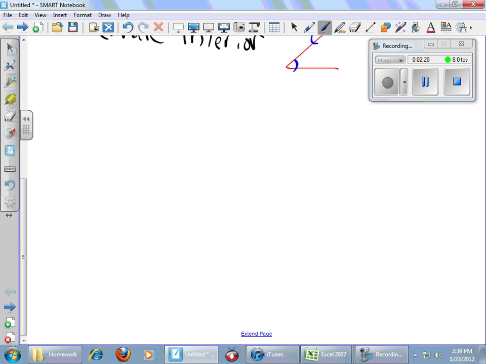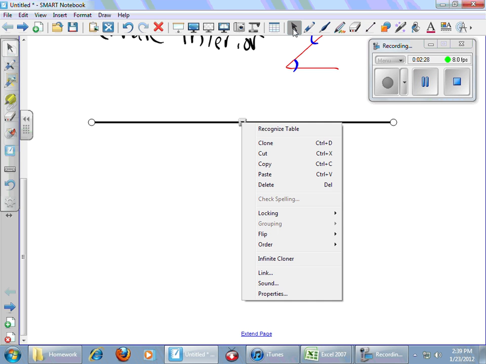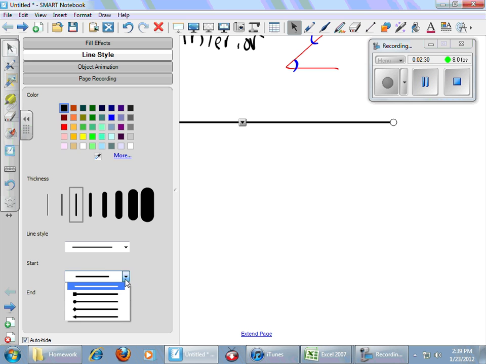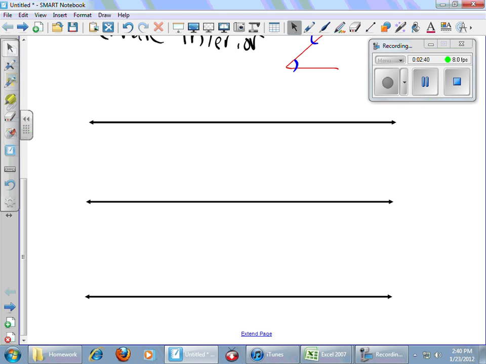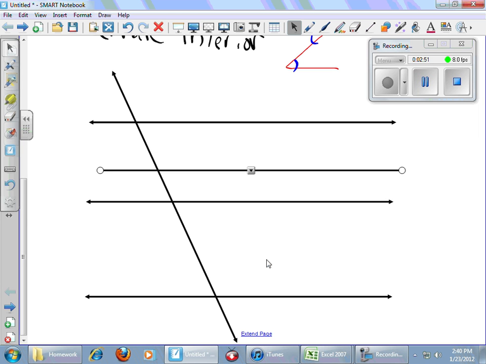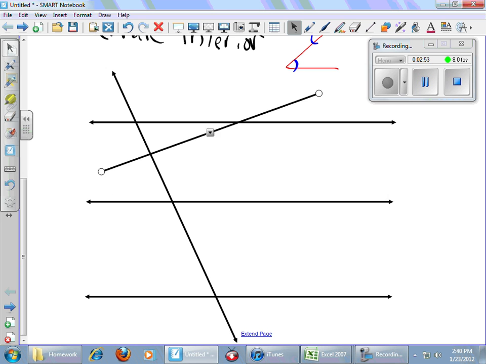So let's take a look at one. Go ahead and copy this picture down on a sheet of paper. Sorry about that dead time there. All right, so let's do 3 parallel lines, and make a picture that looks like this.